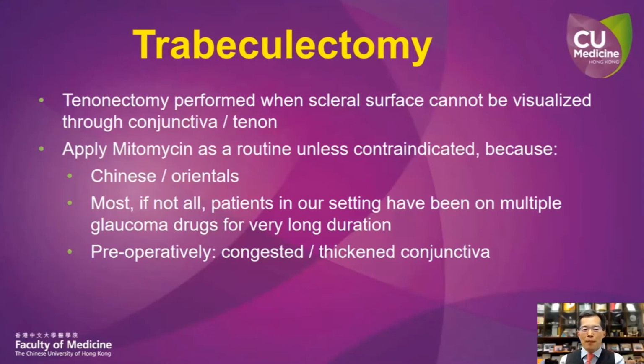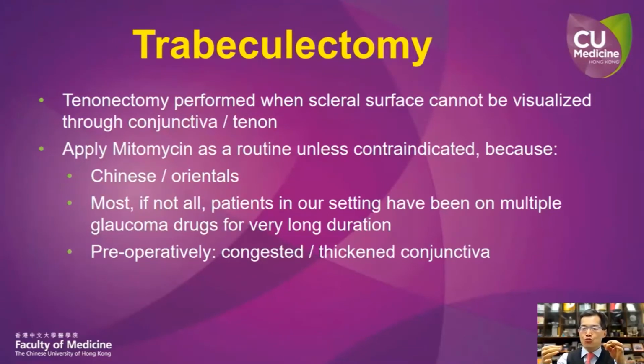Okay, next, I want to talk about Tenonectomy. And I only perform Tenonectomy when the scleral surface cannot be visualized through the conjunctiva. Okay, so intraoperatively, after I've raised the conjunctival flap, I pull the conjunctival flap back, covering the scleral surface.